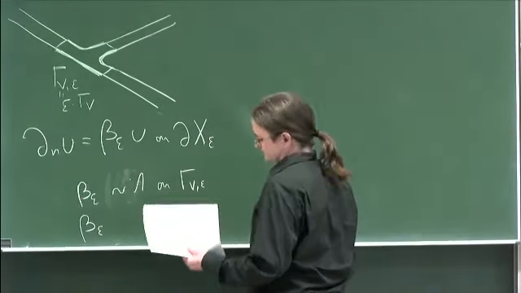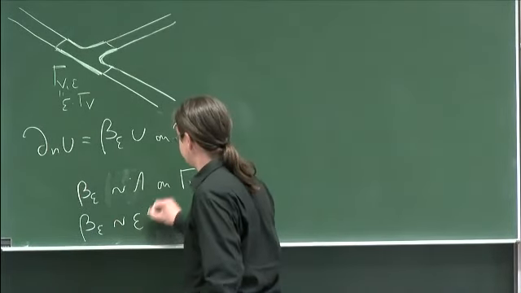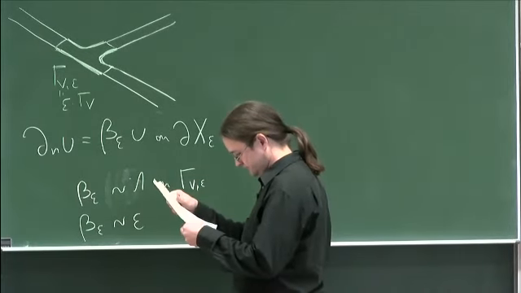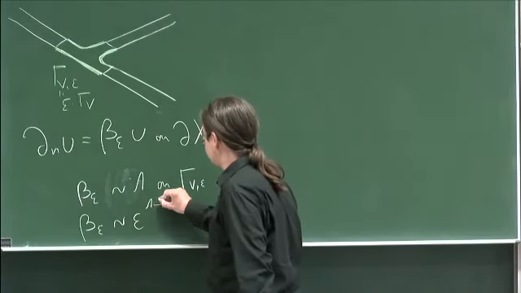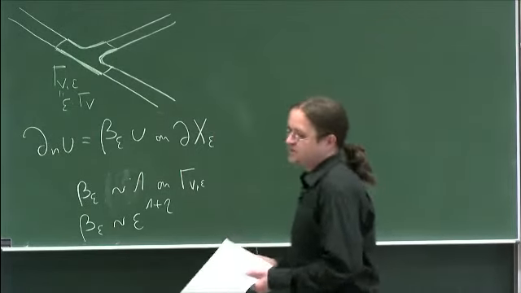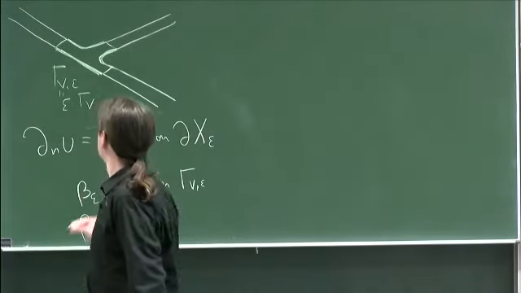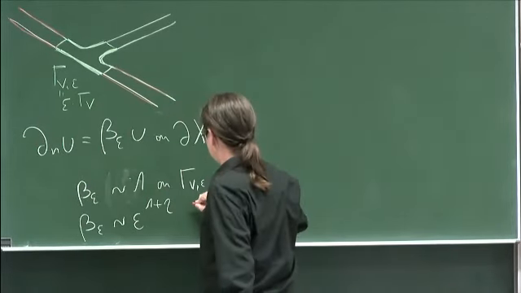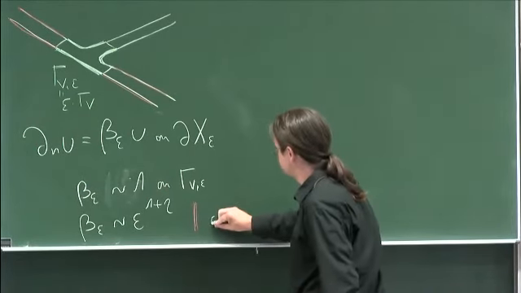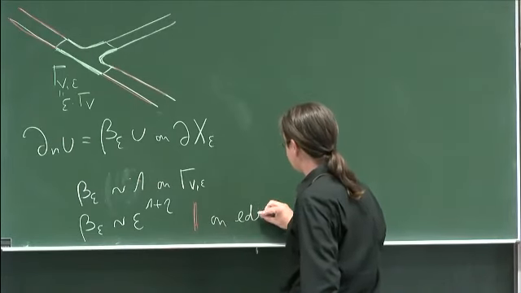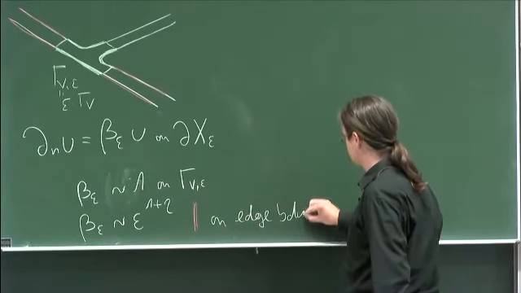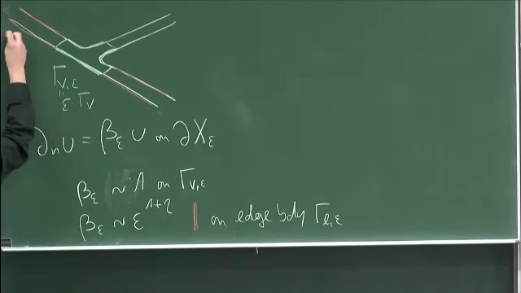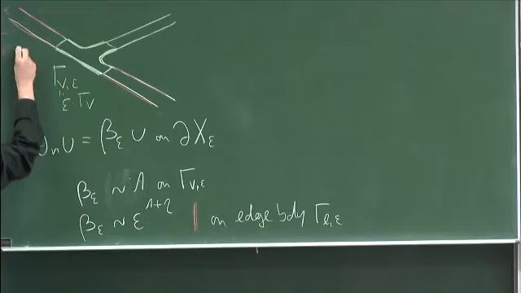On the other part, this is important now, you want it to be small, of order epsilon to the power 1 plus eta, on this part. Let me call this the edge boundary. If this is edge E, I could call this one E epsilon.